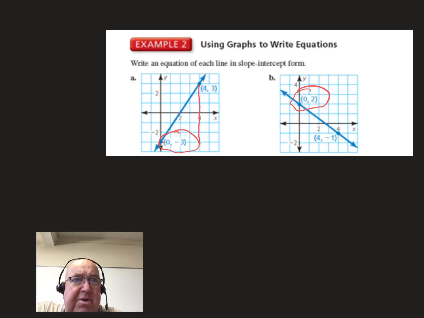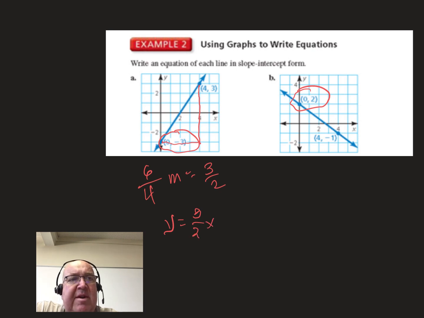If we want to use a triangle, I'm going to use that example on this one. So our vertical change is 2, 4, 6. Our horizontal change is 4. That makes our m equals 3 over 2. So our equation is y equals 3 over 2x, and our y-intercept is negative 3.